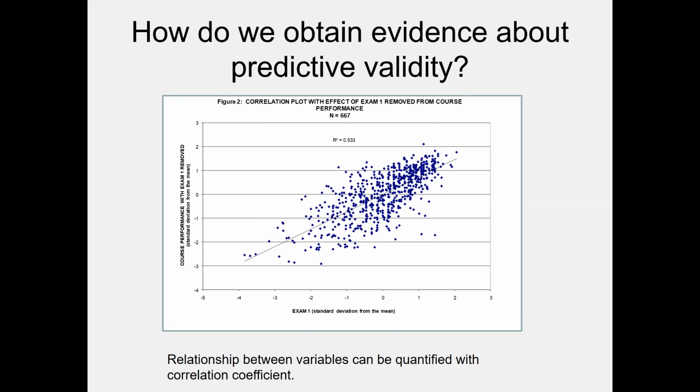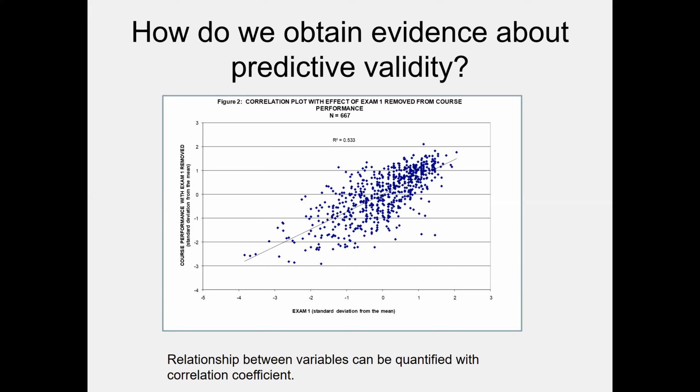And the purpose of this study was whether or not the first exam scores could be interpreted in a useful way to screen out students who were unlikely to pass.